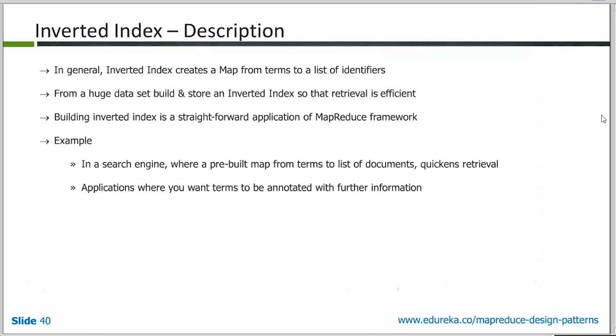That's where the inverted index pattern comes into the picture, and the purpose is to make retrieval efficient. When you do your search queries, they go into the inverted index, and that's where the search is made, and then the right documents are returned to you.